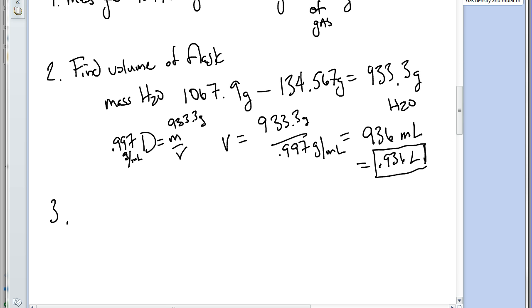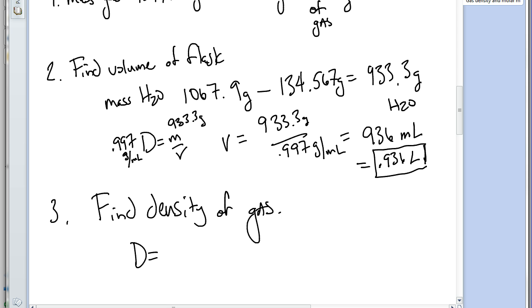The next thing we want to do is find the density of our gas. In this case, we're just going to use density equals mass of the gas divided by the volume of the gas. The mass of the gas we calculated in step 1 was 2.889 grams.